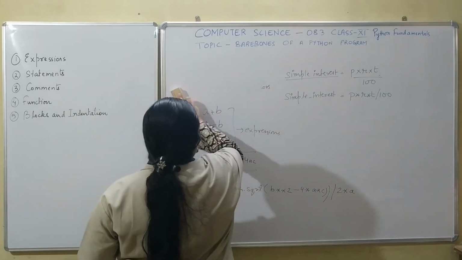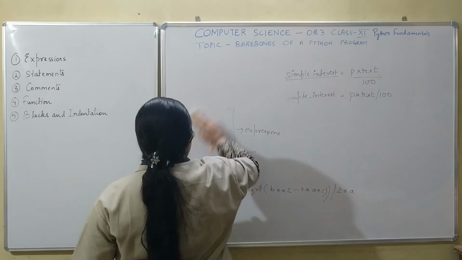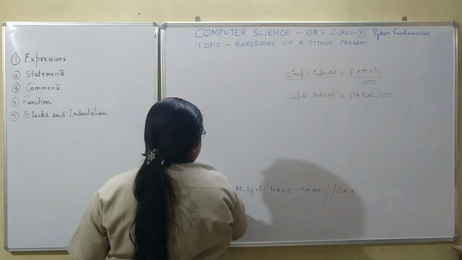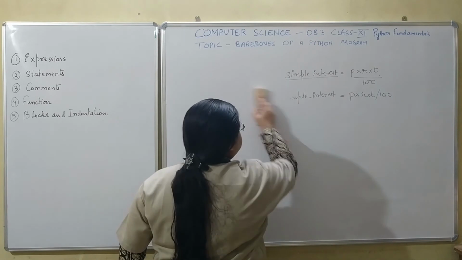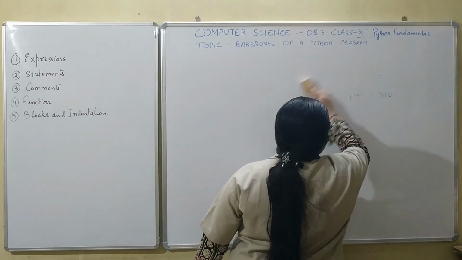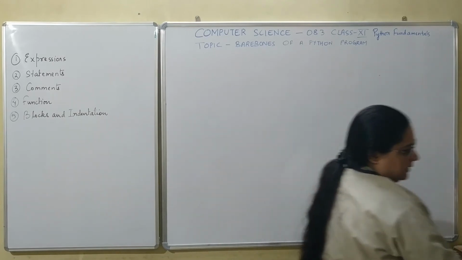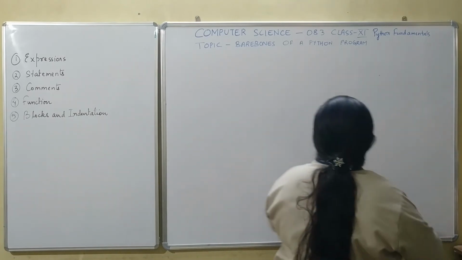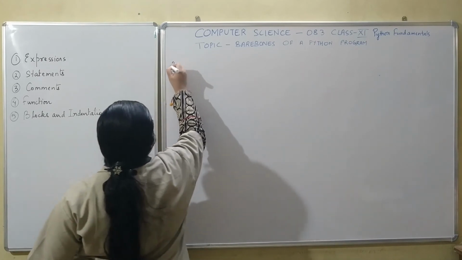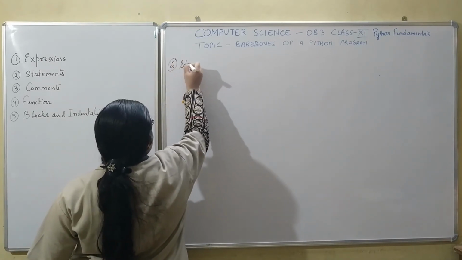Next is statements. Every individual line of a Python program that makes up a statement. You can have input statements, you can have output statements in a Python program. So second one is statements.